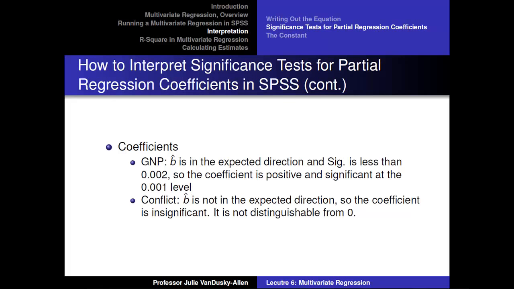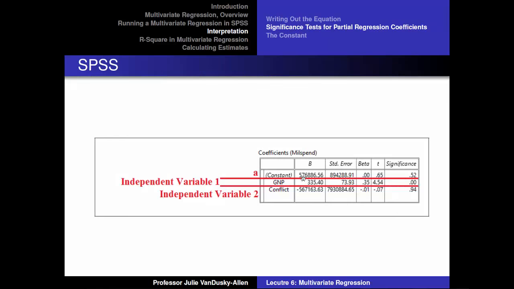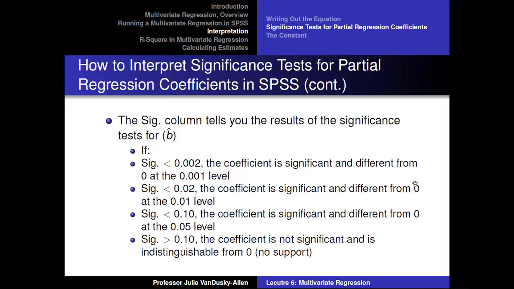So applying this exercise to our regression example, we expected GNP to have a positive effect on military spending. The B hat was positive, so we move on to the sig value. The sig value is less than 0.002, so the coefficient B hat is significant at the 0.001 level.